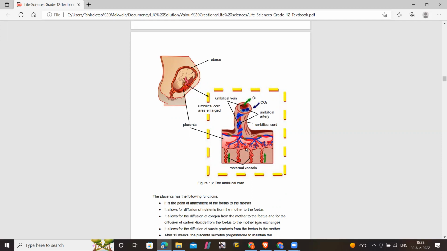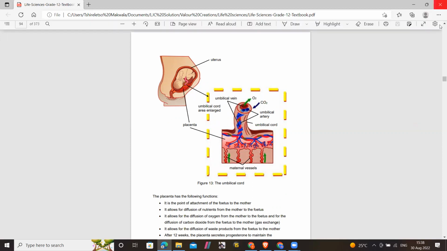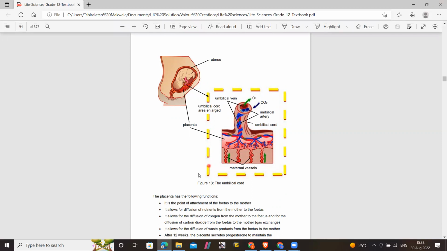The child gets nutrients and even gases via the cord. I'm talking about the umbilical cord, and it has umbilical veins and the umbilical artery.